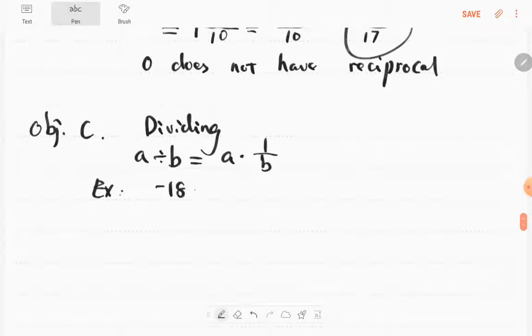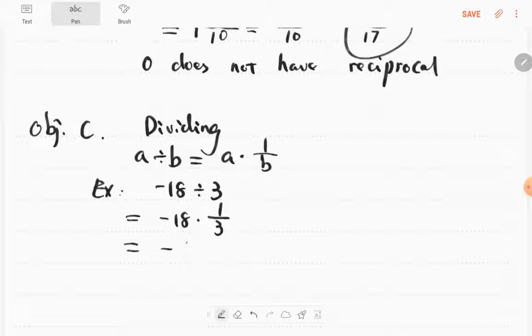If negative 18 divided by 3, we can treat it as negative 18 times the reciprocal of 3, which is 1/3. So we can get the answer.